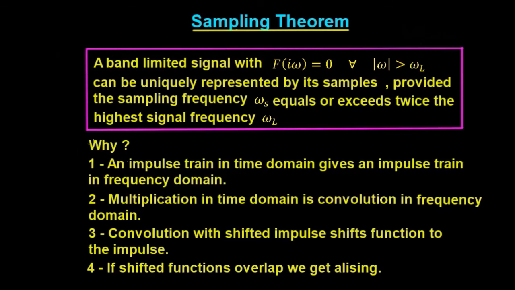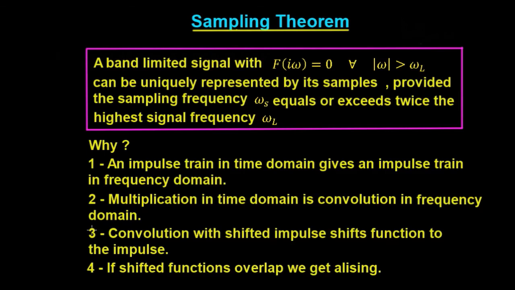So why is this the case? Well, it's really down to four things that we looked at throughout this video. One of them is that an impulse train in the time domain will give us an impulse train in the frequency domain. Secondly, if we were to multiply two functions together in the time domain, it's equivalent to convolving the two functions in the frequency domain.